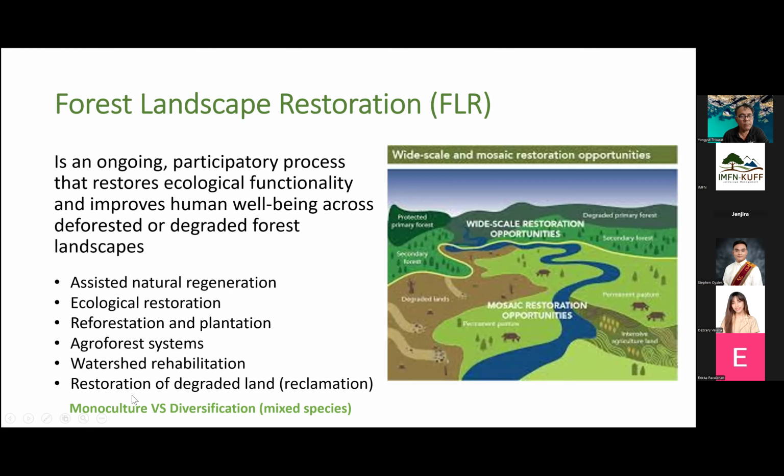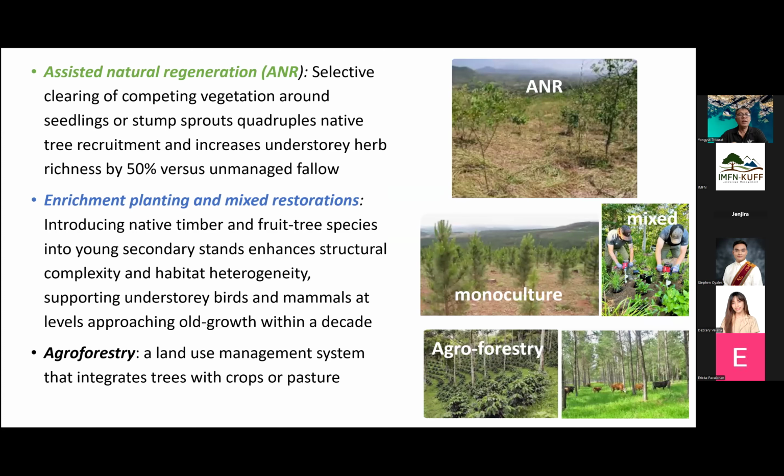Either using one single species, which we call monoculture, or using multi-species or mixed species, which we call diversification.